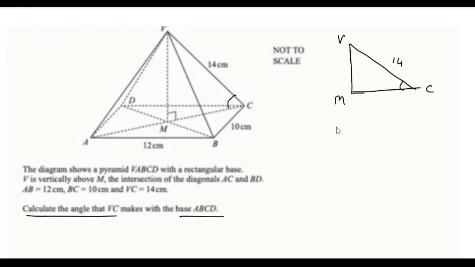Now in this case, can I find MC? I can find MC. ABCD is a rectangle, so I can find AC square. AC square will be 12 square plus 10 square, which is 244, and therefore AC is square root of 244, which is 2 root 61.